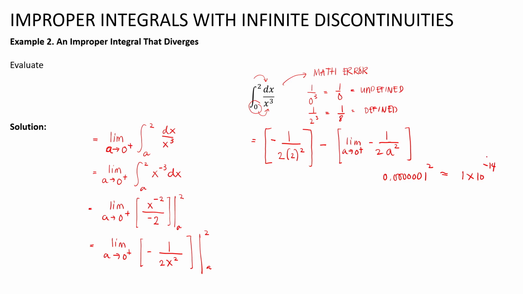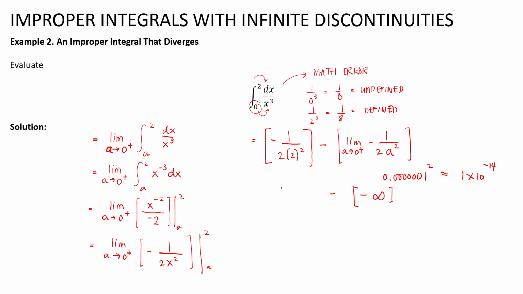And then if you multiply it by 2, it gives you again a very small number. So 1 divided by a small number will give you a very large number, and it's negative. So this gives you negative infinity.